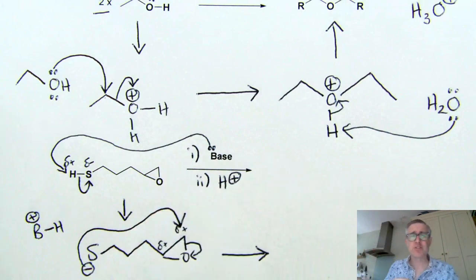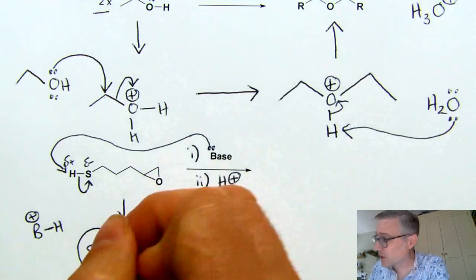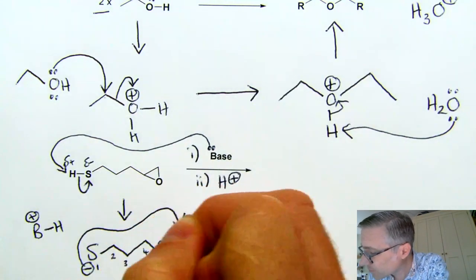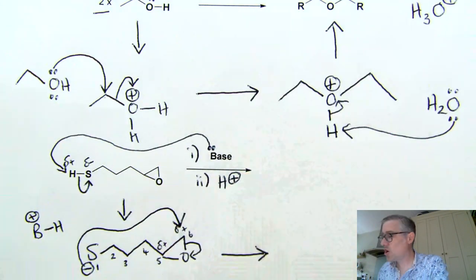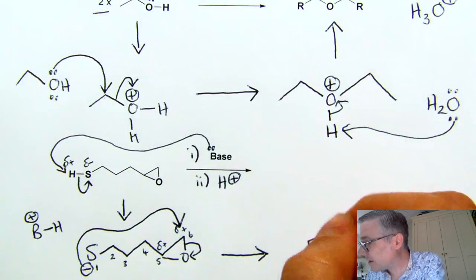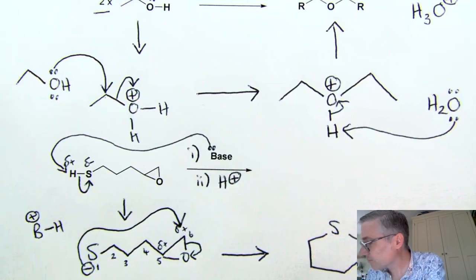I often do it in pencil so I can rub it out later, but as an examiner, I don't mind if I see numbers on a molecule. 1, 2, 3, 4, 5, 6. We are connecting sulfur in position 1 with carbon in position 6. And that helps me to know we're making a 6-membered ring.